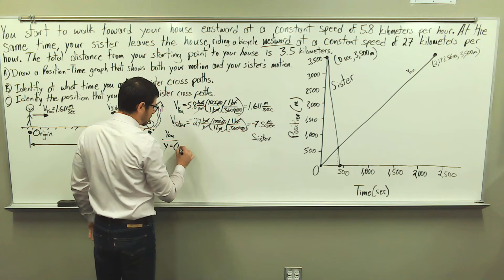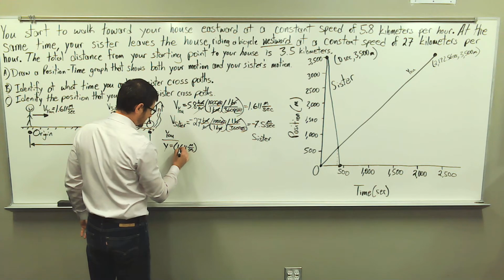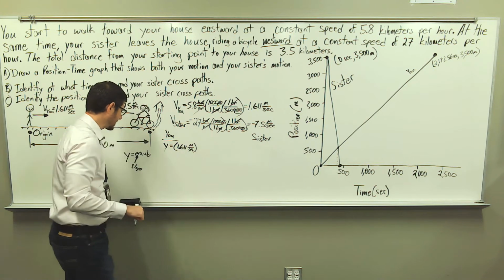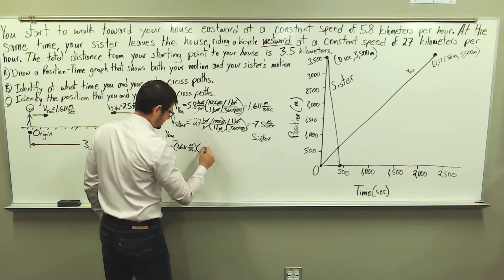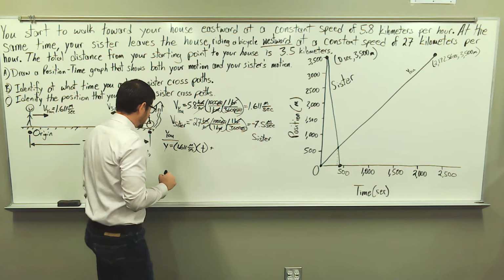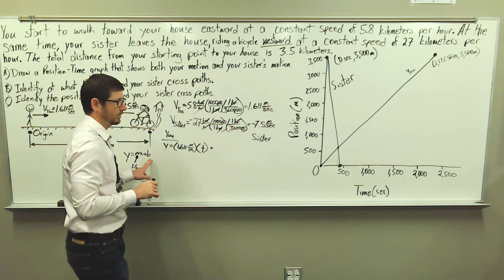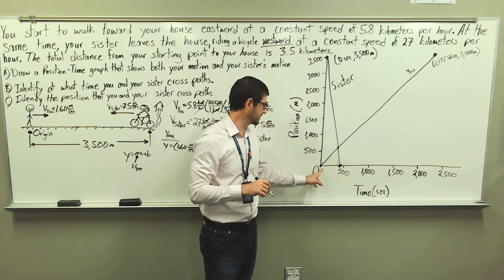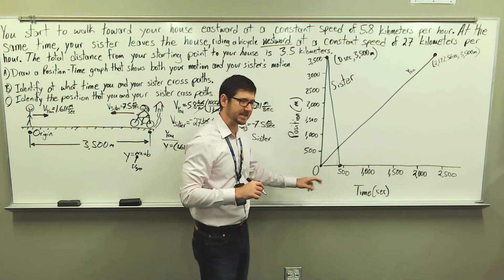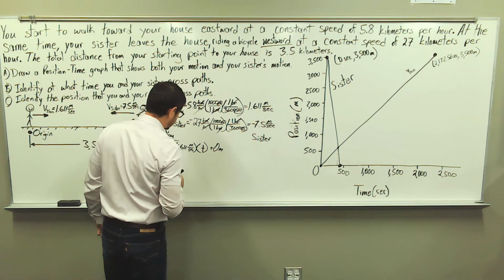The slope is 1.611 meters per second. X is t, right here, plus b. Well, what is b? That's our y-intercept. And take a look at the y-intercept here. Right there, it's 0. So this guy is 0 meters.